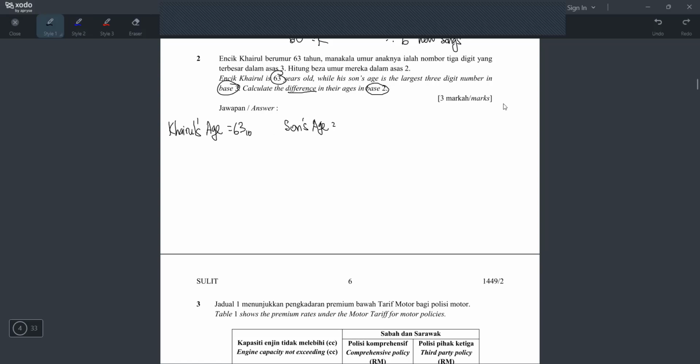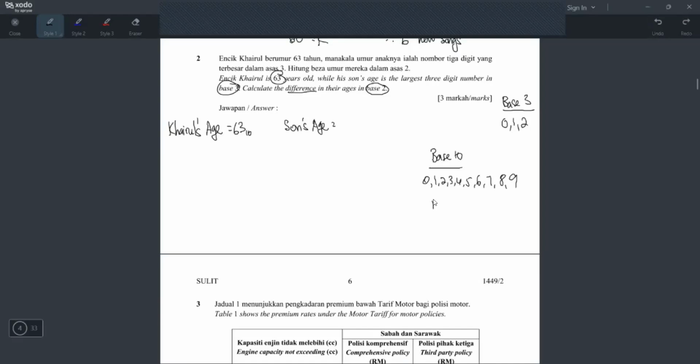Can you tell me, in base 3, what is the highest digit you see? 2, right? Because in a base 3 number, you can only find 0, 1, and 2. It means the highest digit in the number is always 1 less than the base. For example, if I tell you base 10, you will only see which digits? 0, 1, 2, 3, 4, 5, 6, 7, 8, 9.